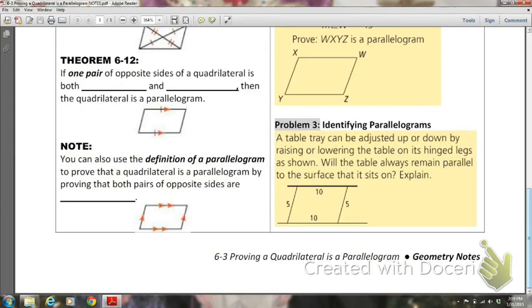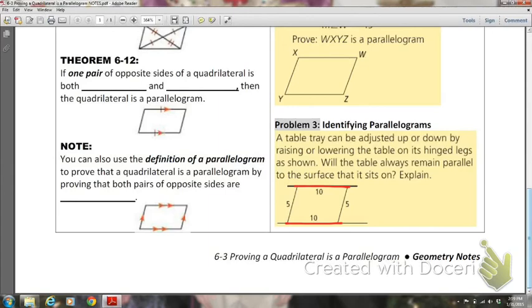In the last problem, you're identifying parallelograms. It says a table tray can be adjusted up or down by raising or lowering the table on its hinged legs as shown. Will the table always remain parallel to the surface that it sits on? And explain why. So basically you just need to apply one of the theorems to indicate why this is a parallelogram or not. It gives the lengths of opposite sides. The top is 10 and the bottom is 10, so those are congruent.